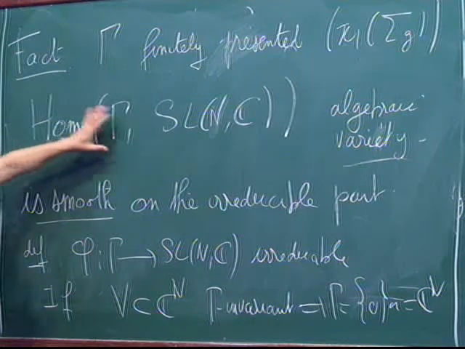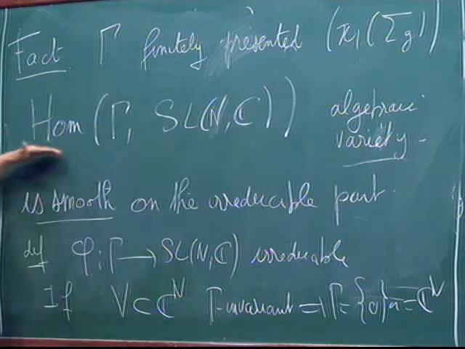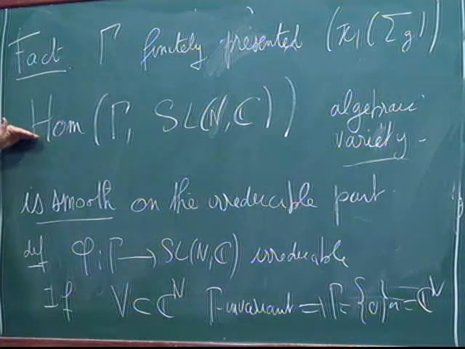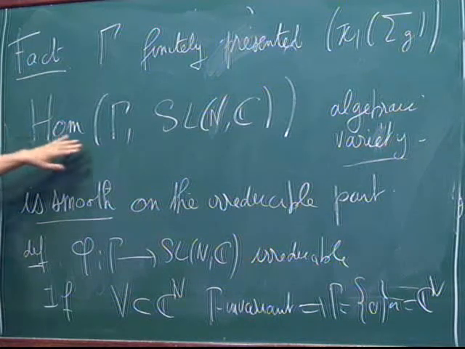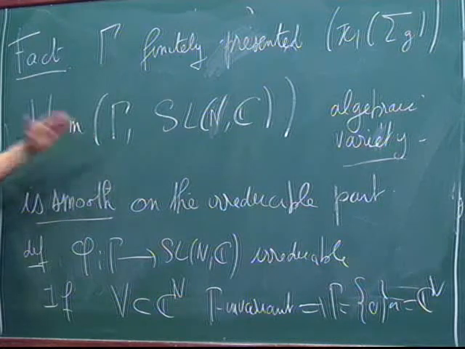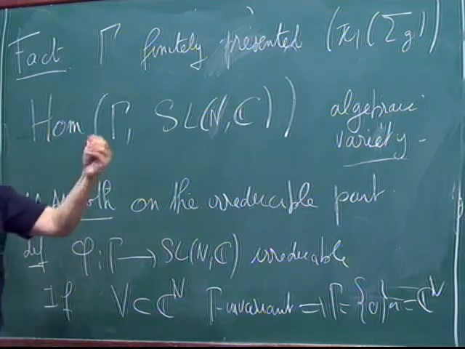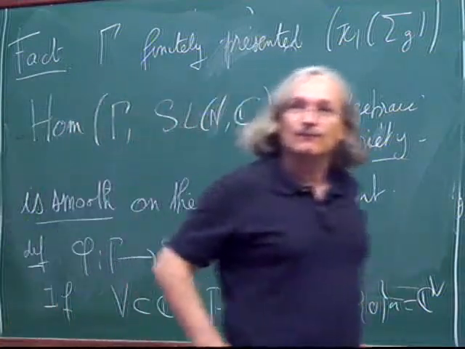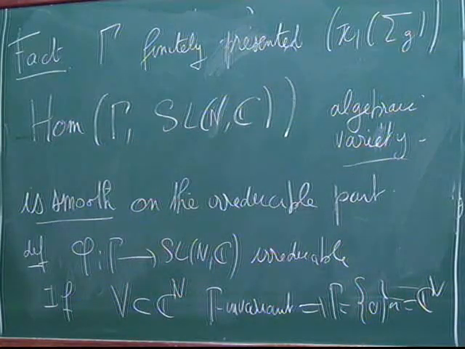So inside the space of all representations, you can look at those which are irreducible. It is a subspace of that space, and the claim is that this subspace consists of smooth points of this algebraic variety. This is not very difficult.